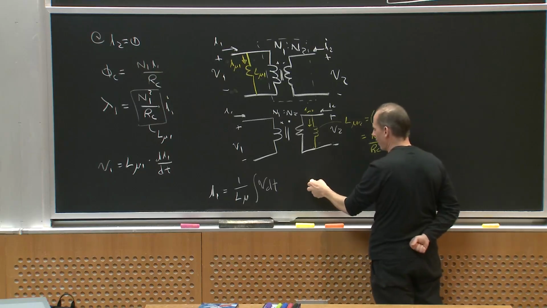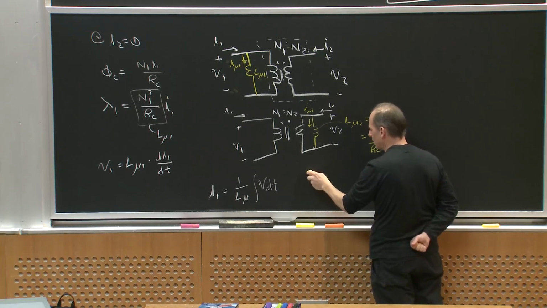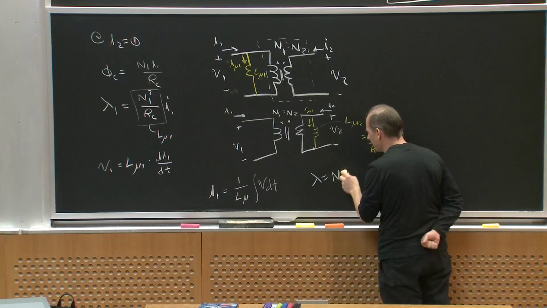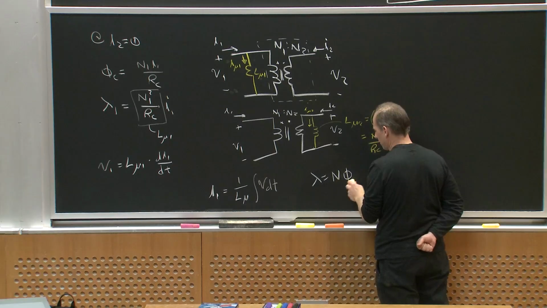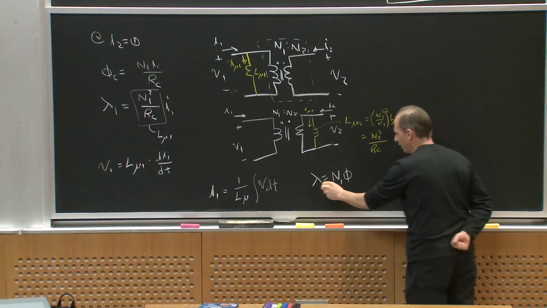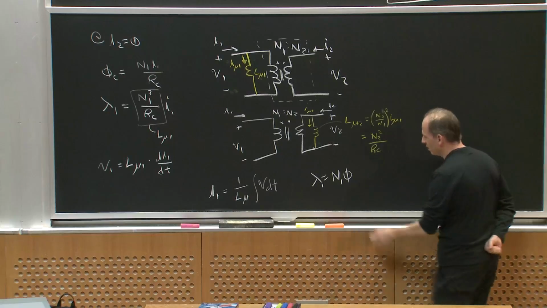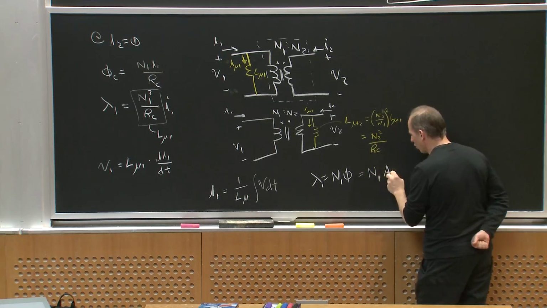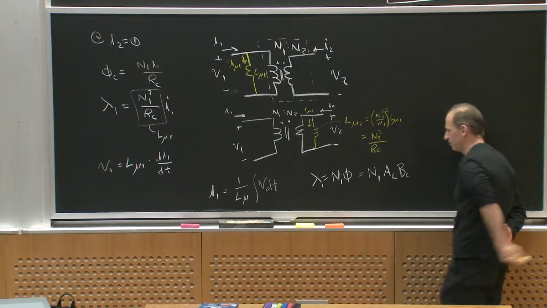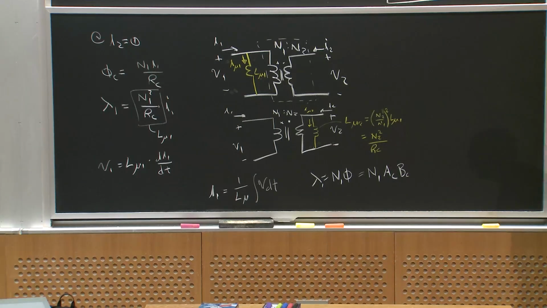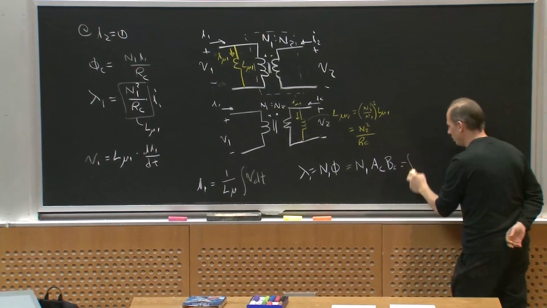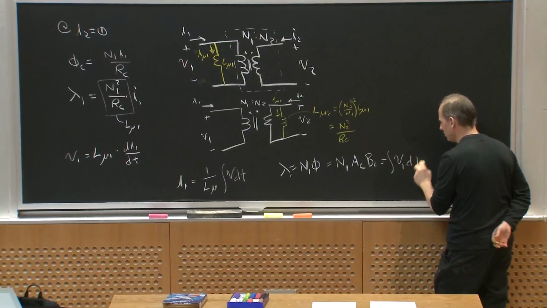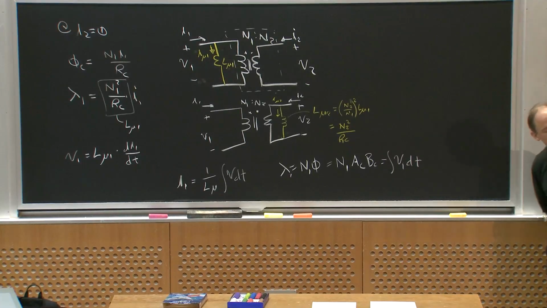Lambda is equal to Li, but lambda is equal to n phi, or say n1 phi. Lambda 1 is equal to n1 phi, which is equal to n1 times the area of the core times the flux density in the core. And this is equal to the integral of V1 dt. That's what lambda 1 is.